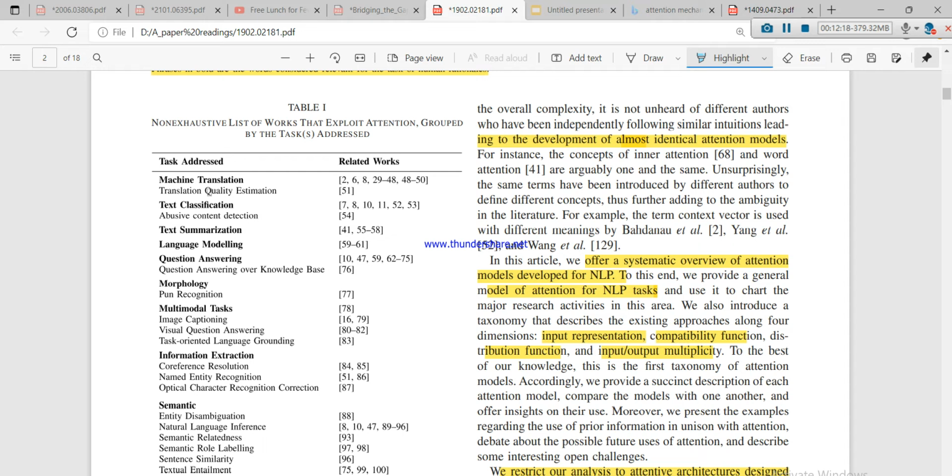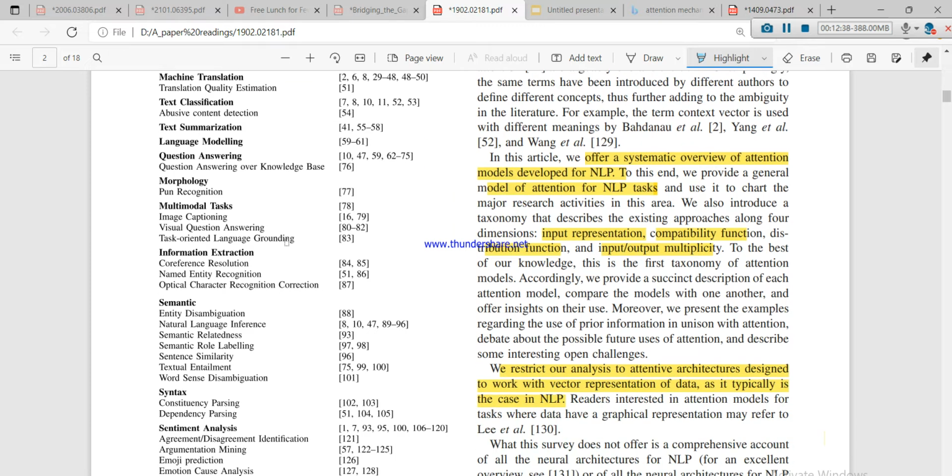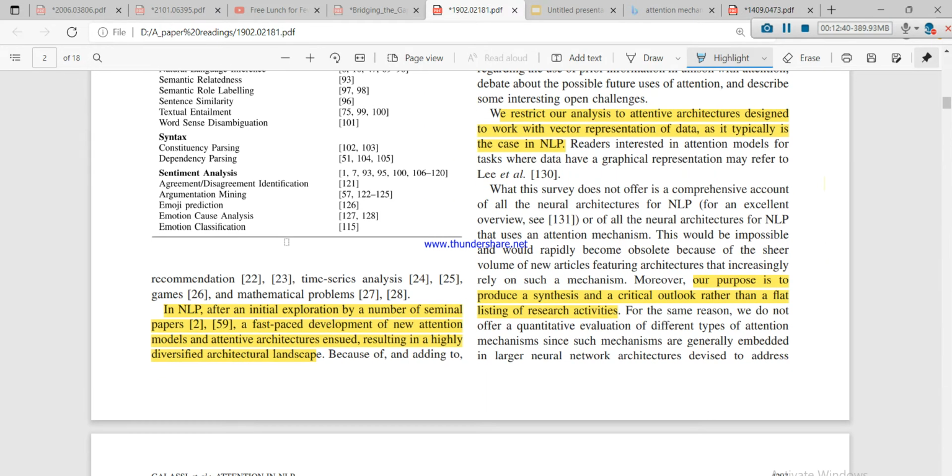Here they have also made a list of a lot of work that exploits attention, grouped according to category, like machine translation, which includes translation quality estimation, and multimodal tasks, which contain image captioning. A lot of work has exploited attention.